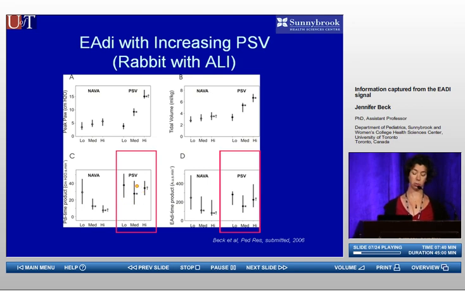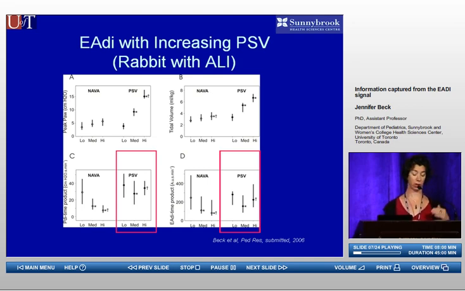It's for pressure support ventilation, and the data is obtained in a rabbit with an acute lung injury. What we found was when we went from a low pressure support to a medium pressure support, like in the previous study, there was a reduction in both the force generated by the diaphragm and the diaphragm electrical activity.